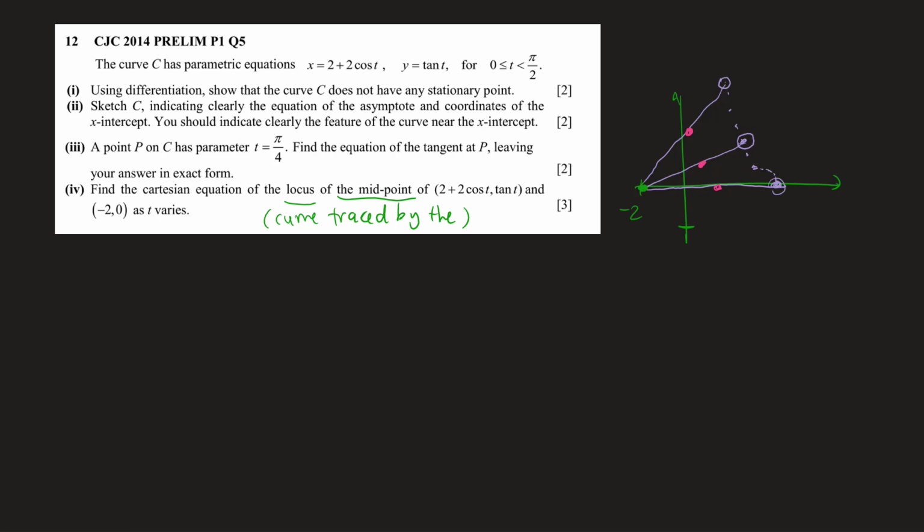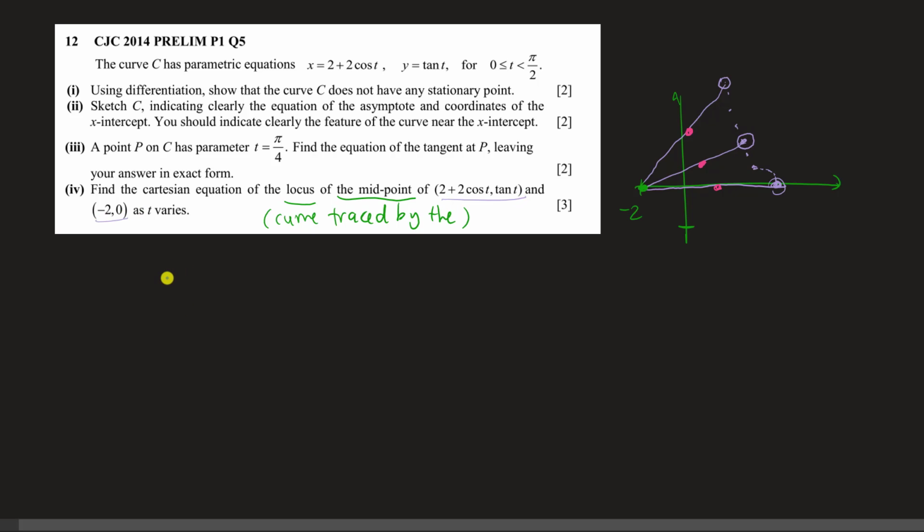Of course, what we do now is to create the coordinates of these red color points. Very simple. Just find the midpoint of this and this. So the midpoint is just 2 plus 2 cos t plus -2 over 2, comma, tangent t plus 0 over 2.